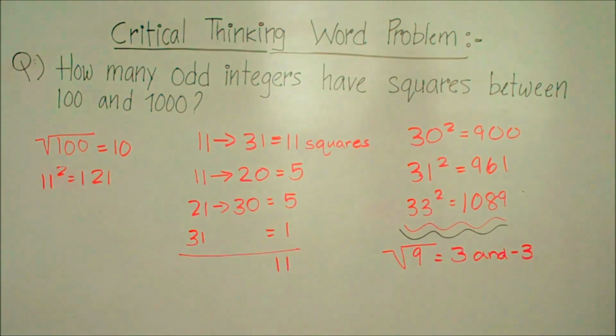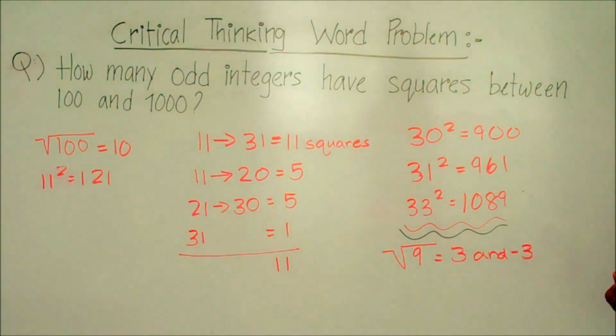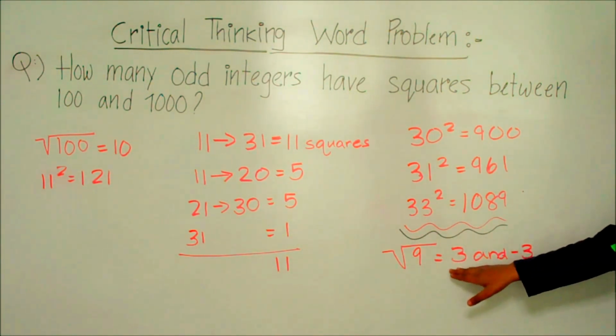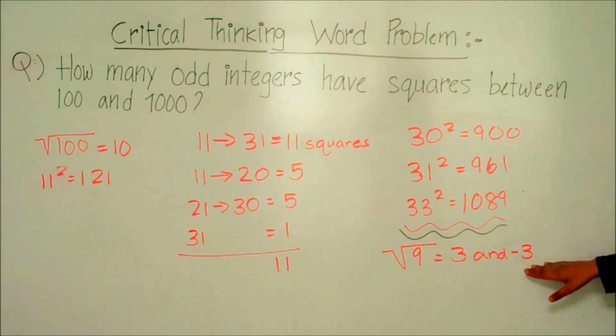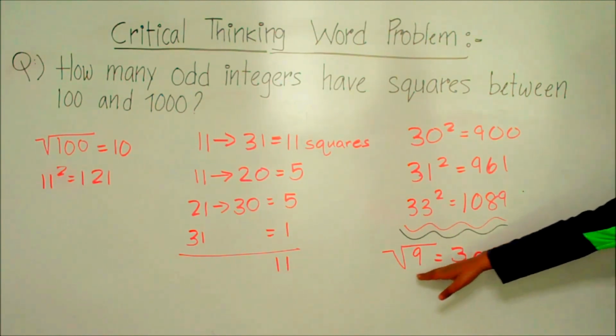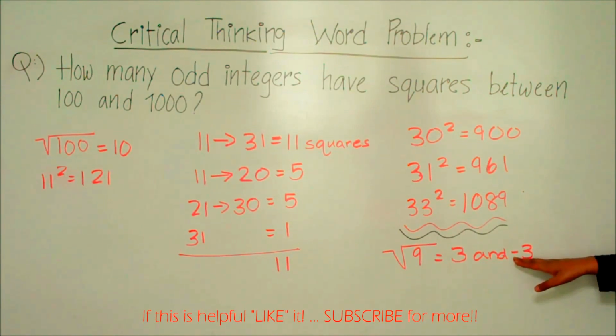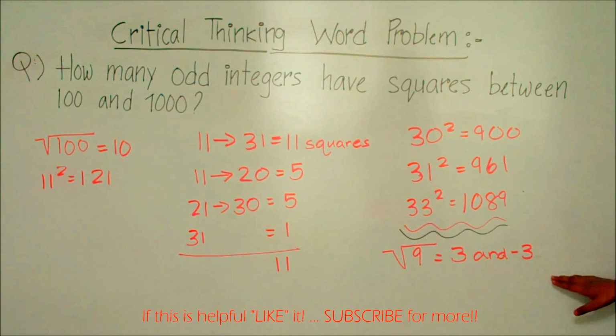So that means that every square number has 2 square roots, a positive square root and a negative square root. The reason is that negative 3 times negative 3 is 9, because a negative times a negative is positive. So every square number has 2 square roots.